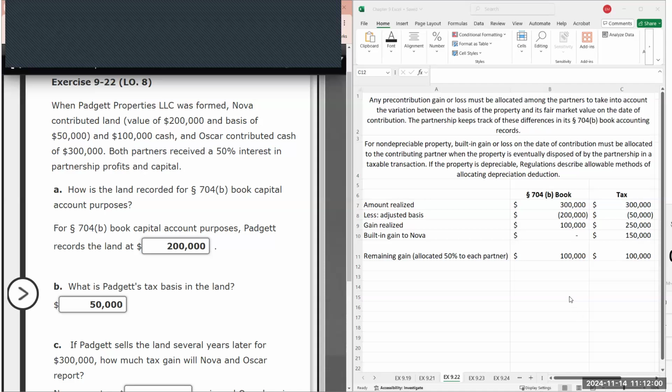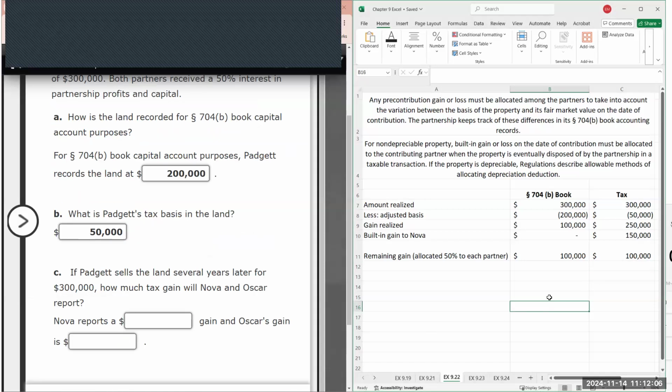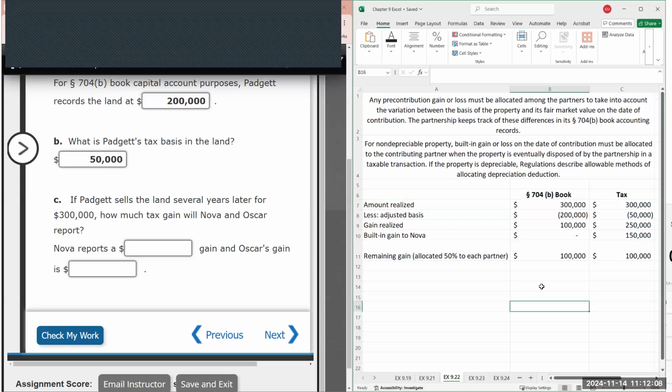So in such case, Nova is going to need to calculate for income as follows. So Nova, and I'm just going to abbreviate, Nova has the built-in gain plus share of gain. So Nova's built-in gain is 150,000.